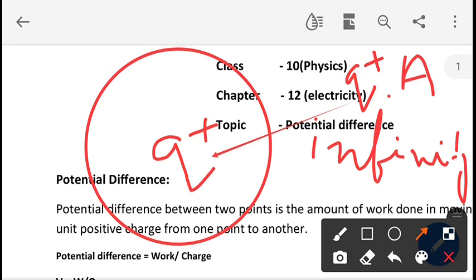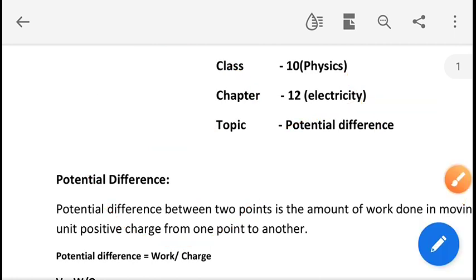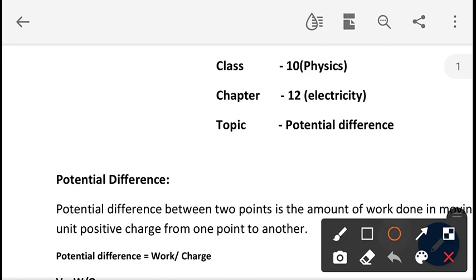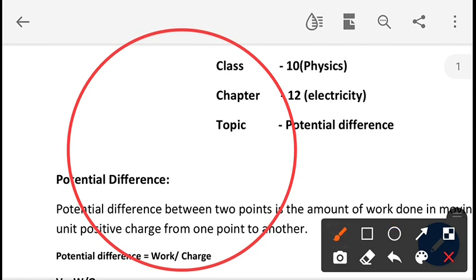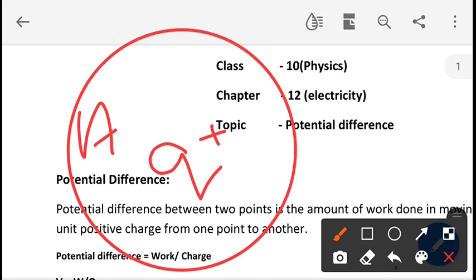Definitely, if you bring a positive charge, and I have taken two points, point A and point B, both will be at different potential.